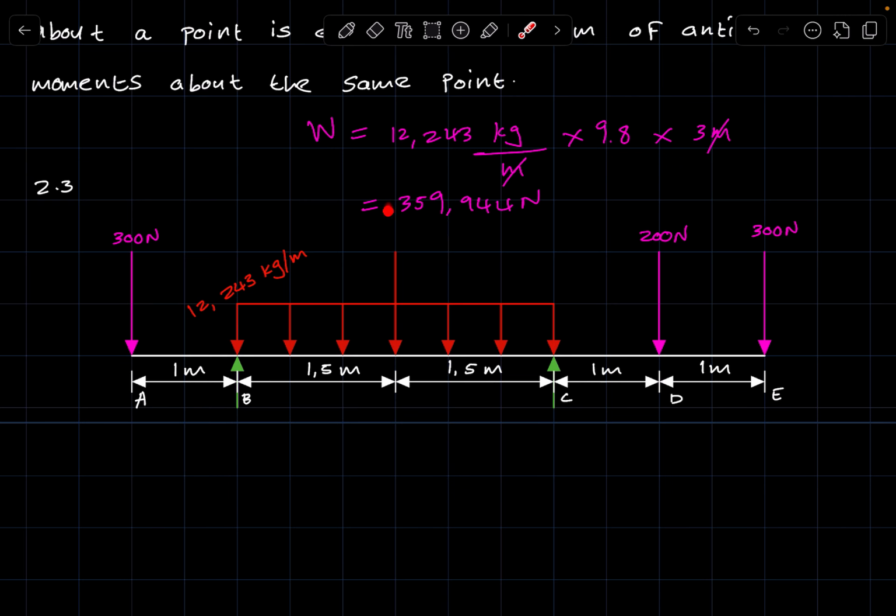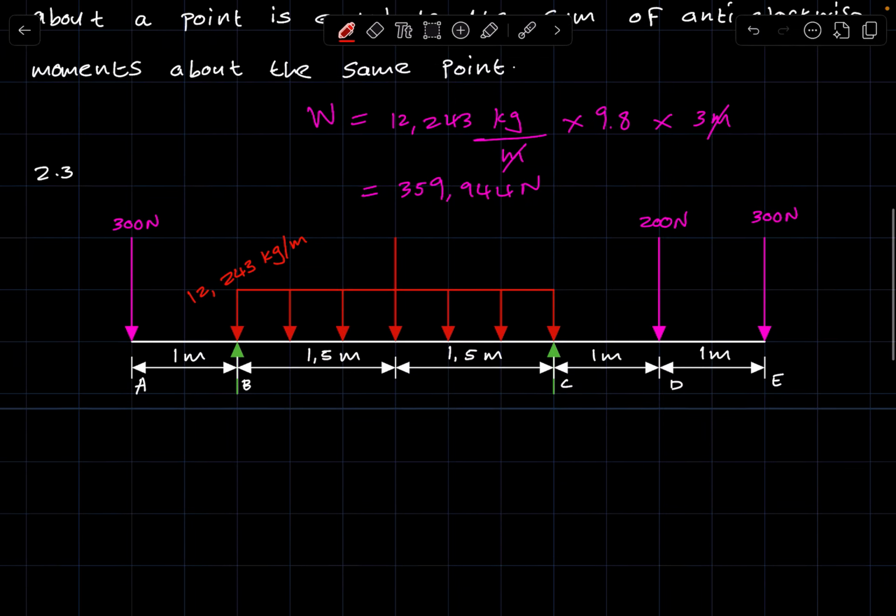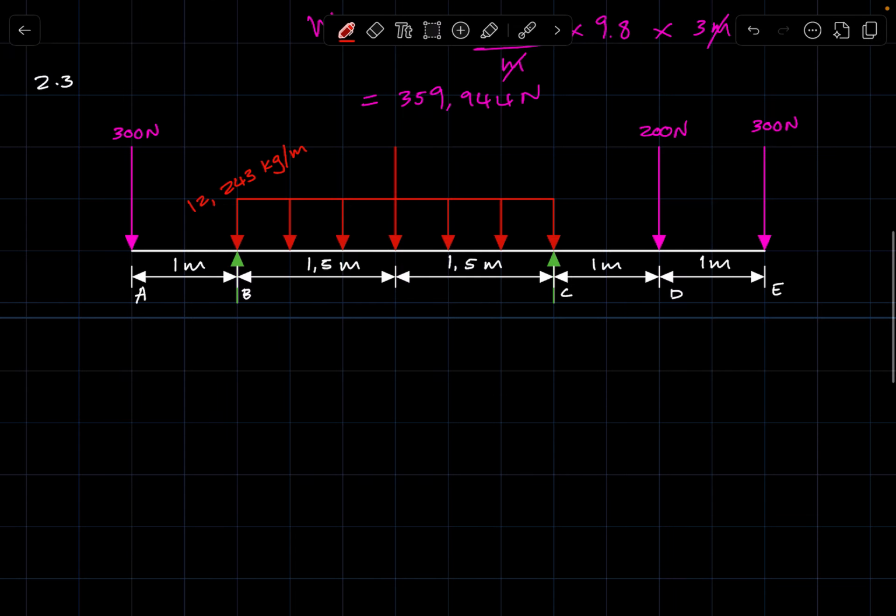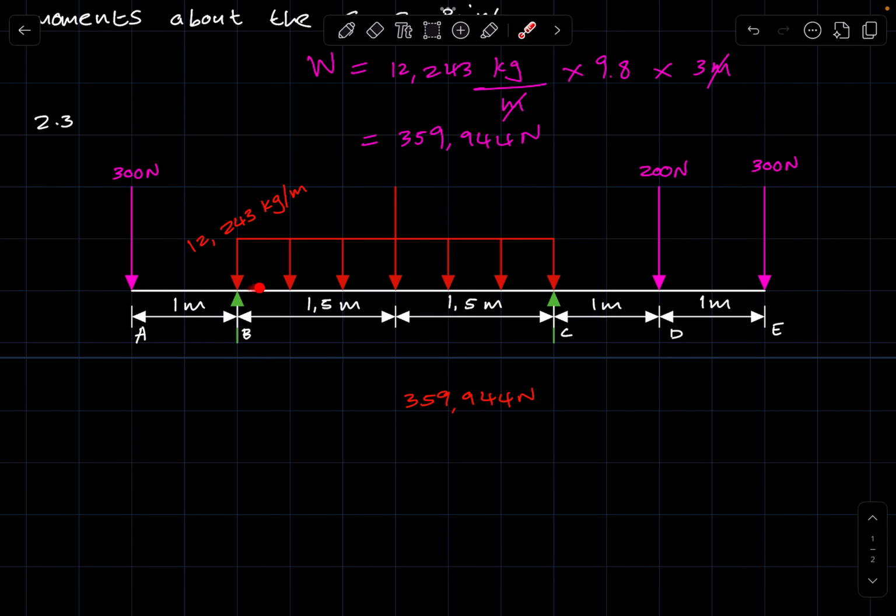Why? Because now this is expressed in newtons, right? And like I said, the weight of anything always acts at the center of its span, right? So we have 359,944 newtons, all right? And then the weight component is going to act at half of this span.